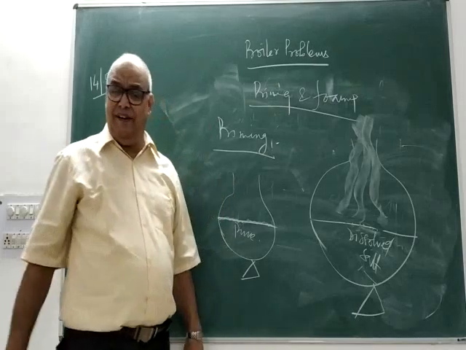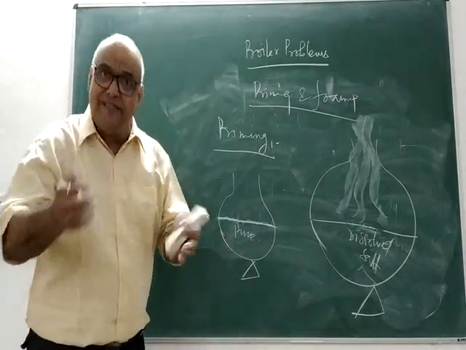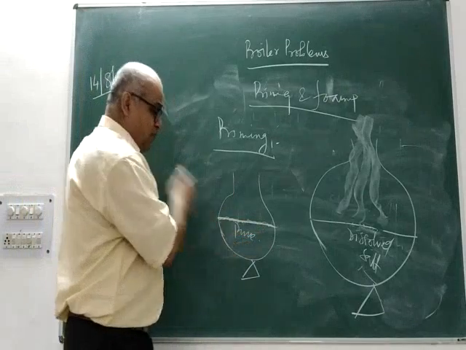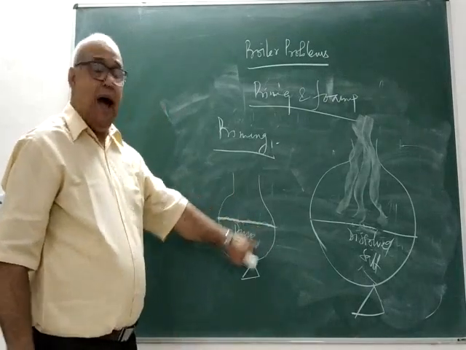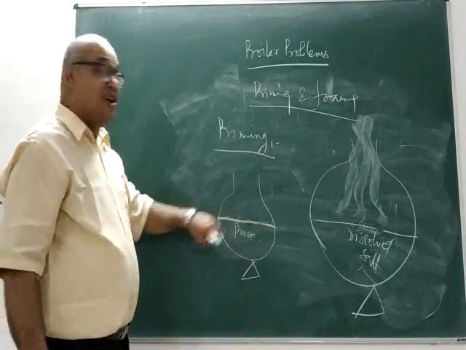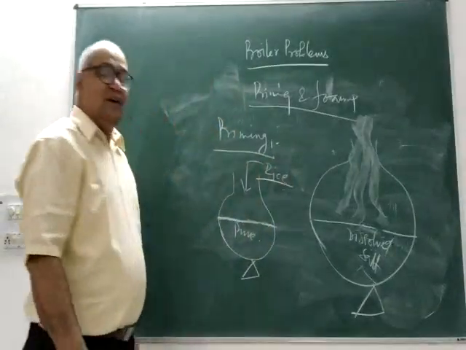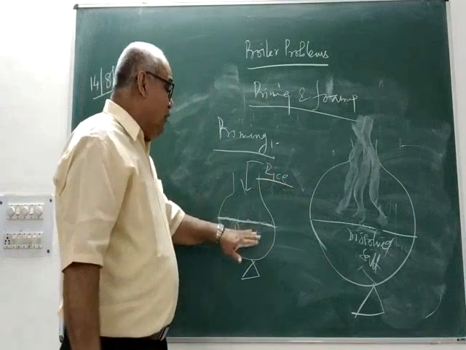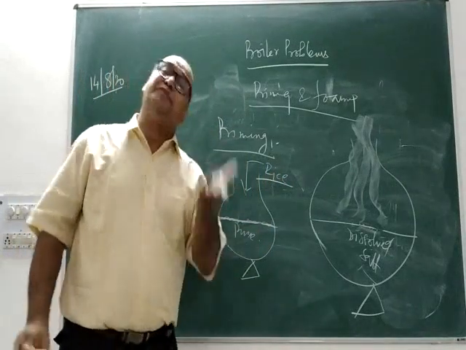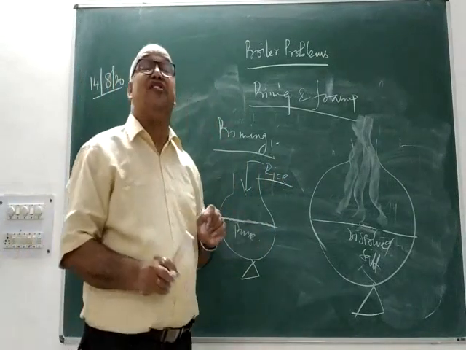To make it understood, let us take another example. Suppose this is pure water and very small bubbles appeared on the surface after boiling. Now we have added some rice. What will happen? For some time, boiling of water will be suspended, and after some time, boiling will start again.